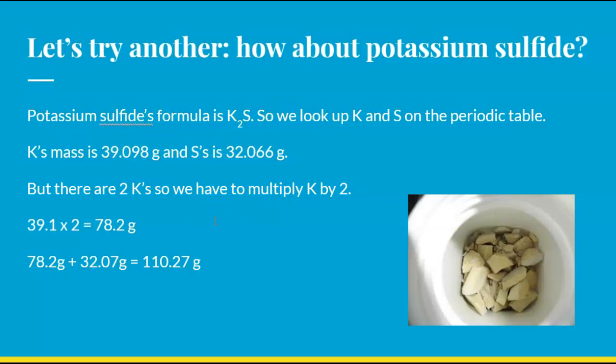But we have 2 potassium, so we round to the hundredths, which is 39.1, and multiply that by 2 because it's K2S. 39.1 times 2 is 78.2, and now we add that to sulfur, again rounded to the hundredths. We add these two together, and we get 110.27 grams.